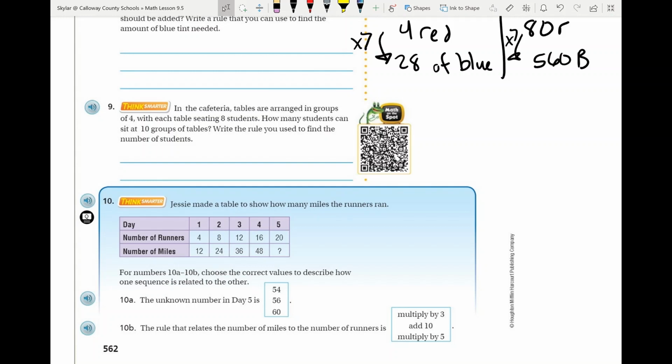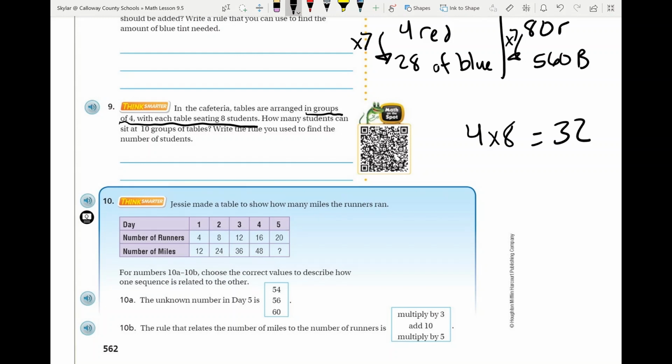So if you have one group of tables, then you have 4 tables, and each table has 8 students. So we need to think how many students would be in one group. Well, if there's 4 tables and each table has 8 students, then we can figure out that one group is going to have 32.